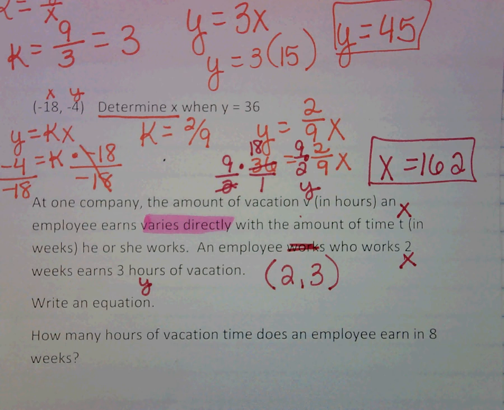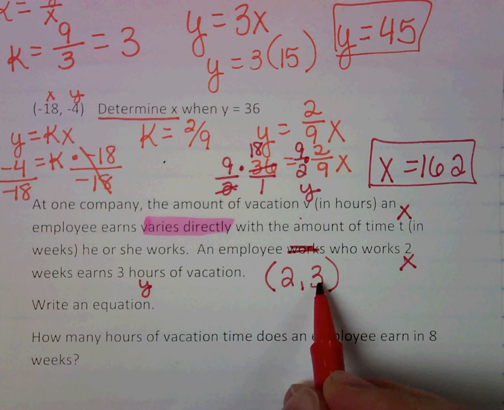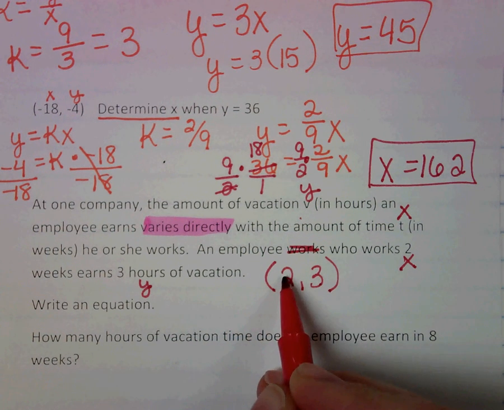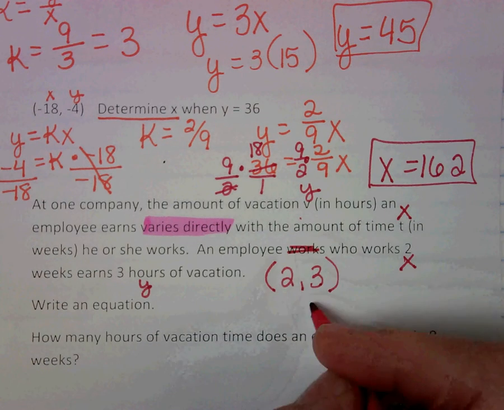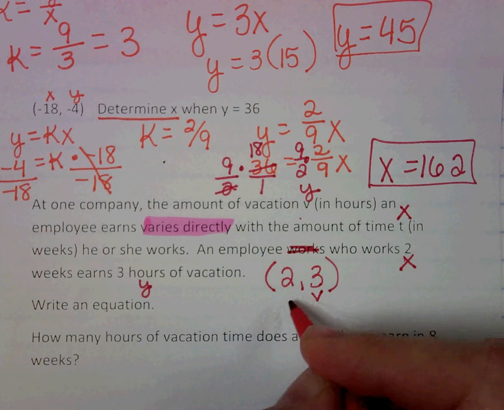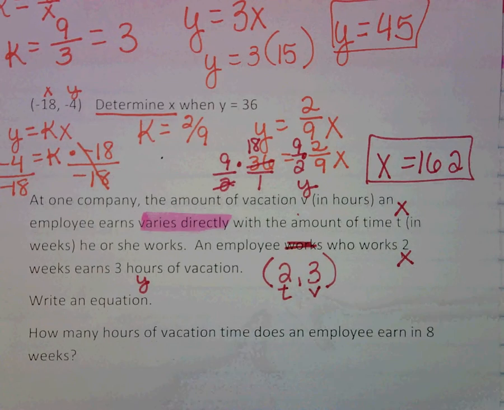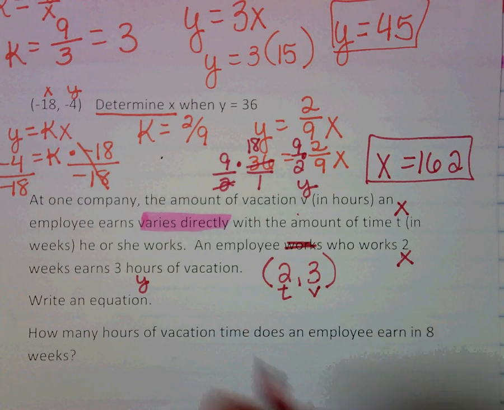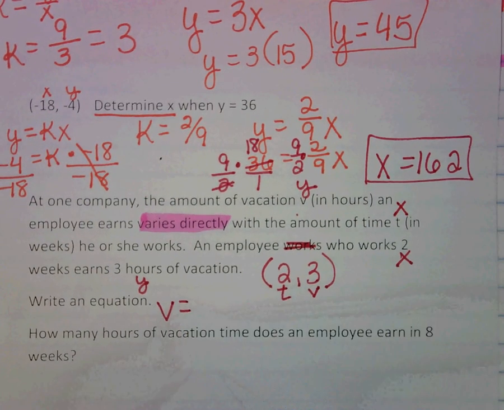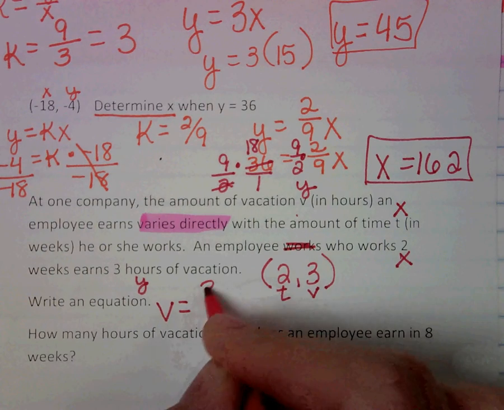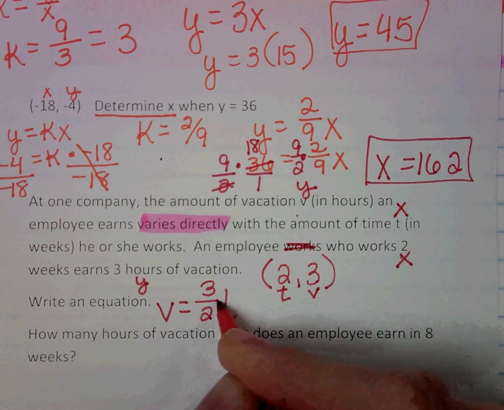So we need to write an equation. We're simply going to put y over x. My y is V in this case, and T, so labeling it like that will help you too. So I'm going to say V equals 3 over 2 T.